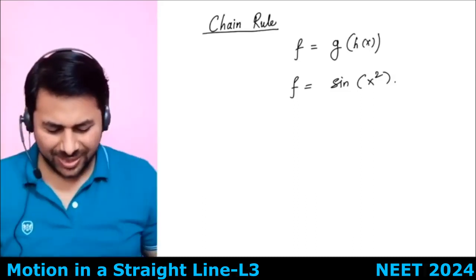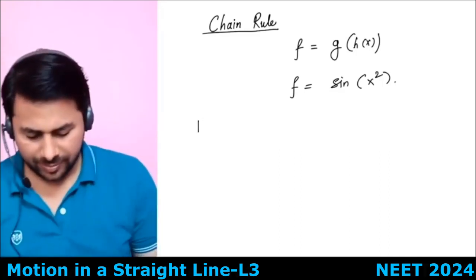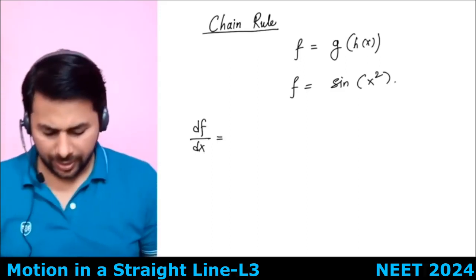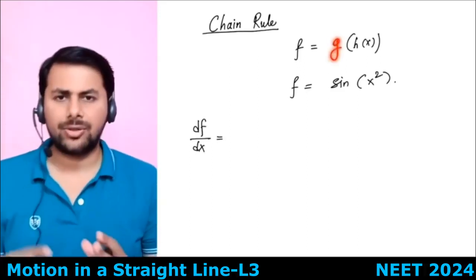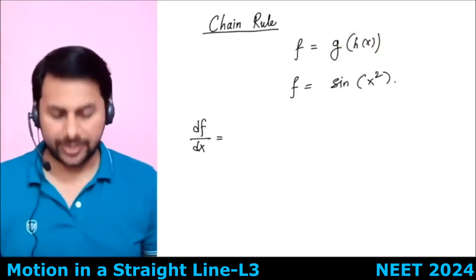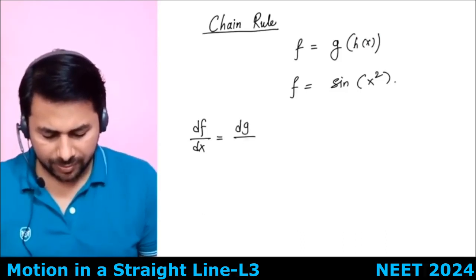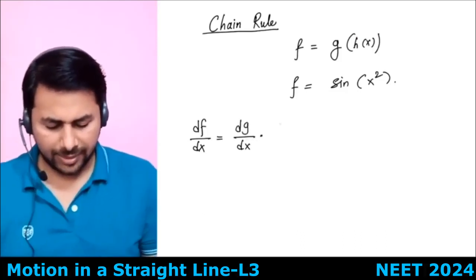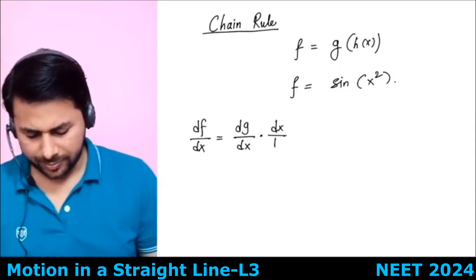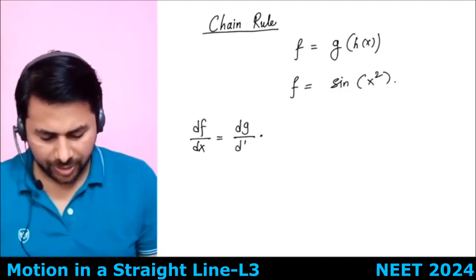Now if I want to find the derivative of f with respect to x, df by dx will be equal to what? Now g is not a function of x, it is a function of some other function of x. So what will I do? g is not a function of x, g is a function of h.